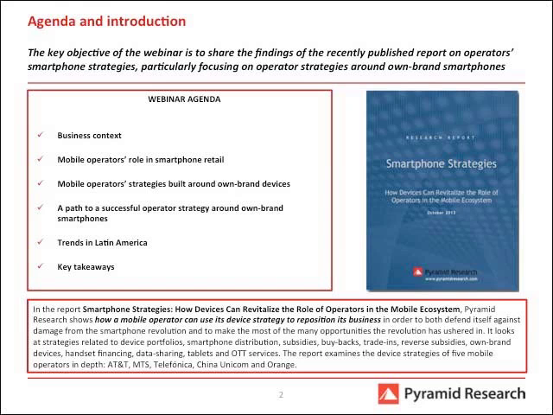The report covers a really wide array of different strategies, analyzes device portfolios, operators' role in smartphone distribution, subsidies, reverse subsidies, buyback and trade-ins, handset financing, etc. But today, as I said, we are going to focus mostly on operators' own brand smartphones.